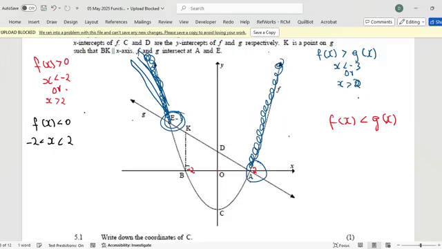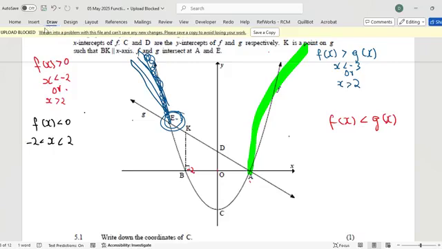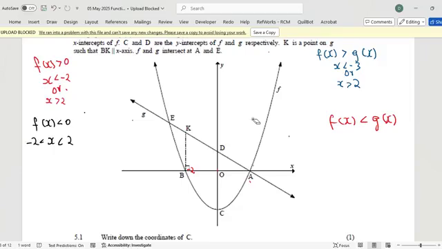X is greater than 2, because when I'm moving to the other side of 2, I'm moving to the greater than. So I repeat myself. The answer that we are looking for is x.